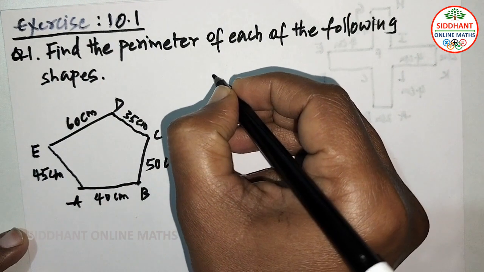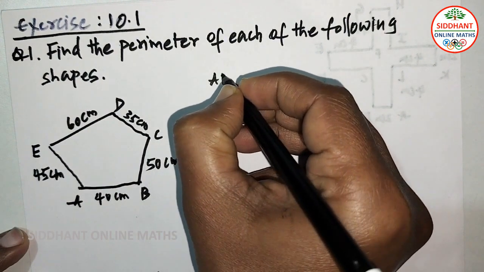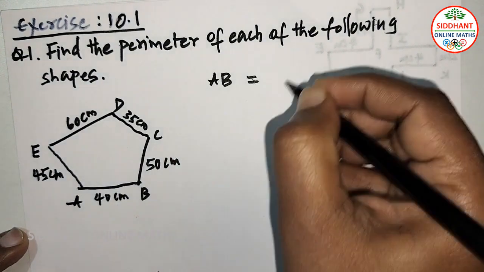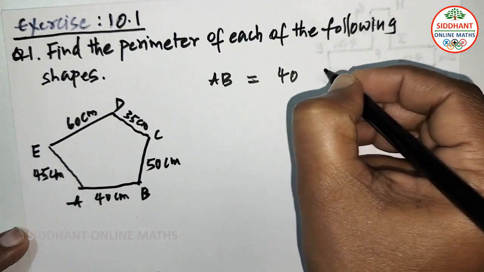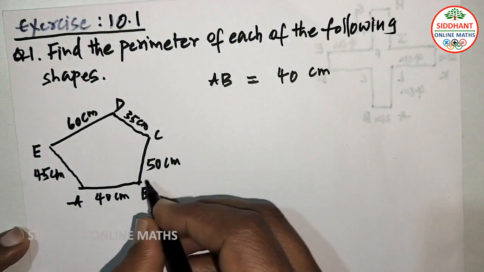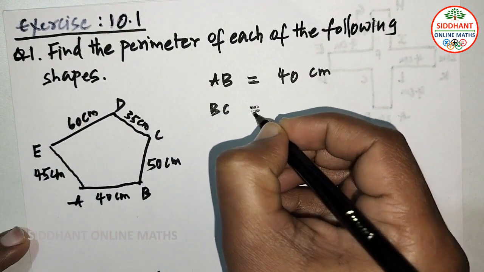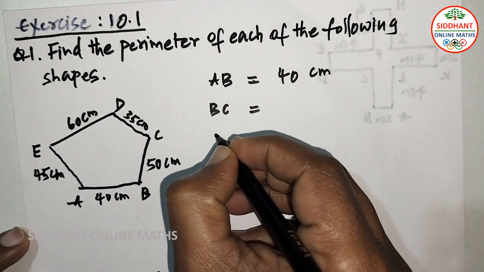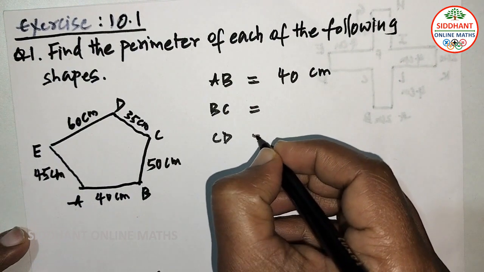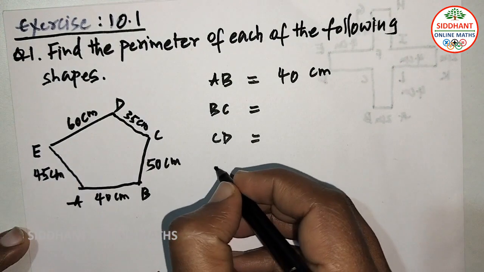So here first AB, 40 centimeters. Next BC. Next CD. Next DE.